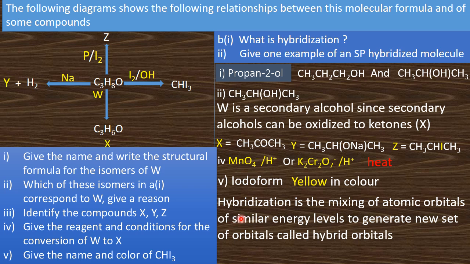Why? Because the exam board might decide to ask you to define hybrid orbitals instead, no longer hybridization but hybrid orbitals. Keep in mind, hybrid orbitals are formed from hybridization.